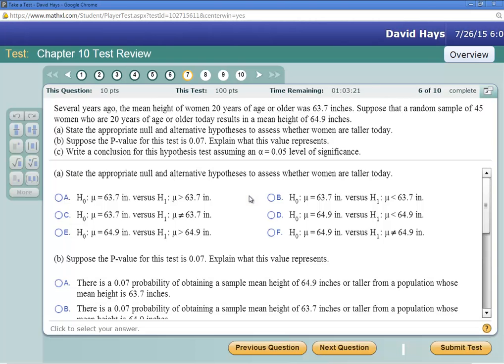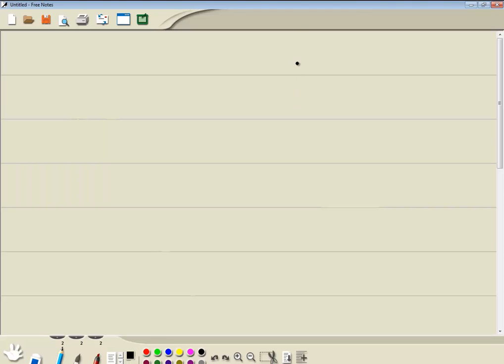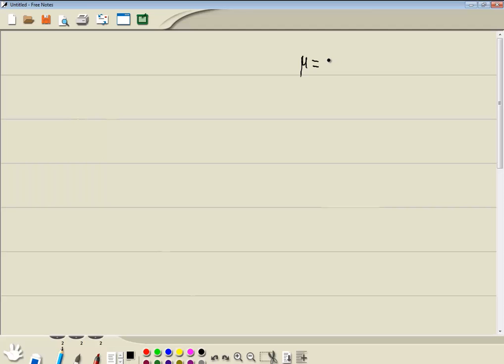Let's see what this next one says. Okay, we're done with mean again. Several years ago, the mean height of women 20 years of age or older was 63.7. That's worded a little bit differently, but they're basically telling us that the old mu is 63.7.